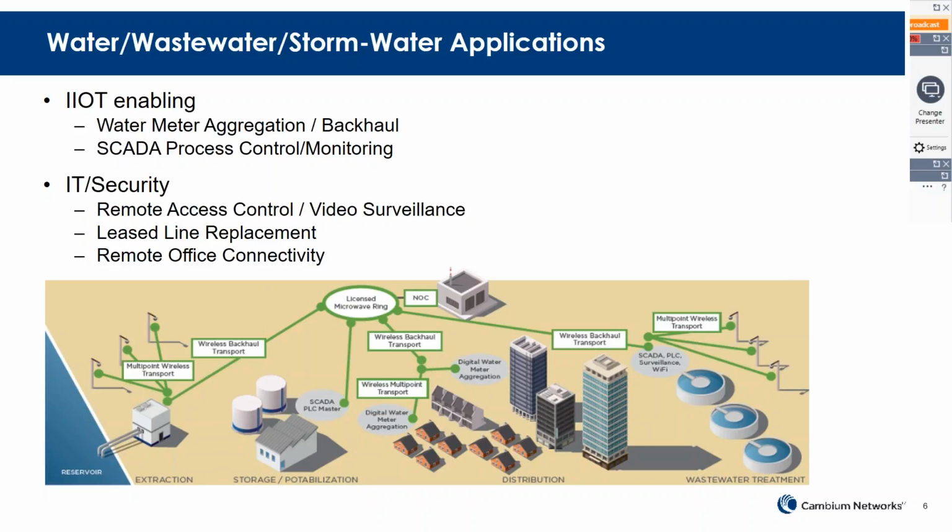So this type will aggregate your data, and then eventually you can form a ring, such as a microwave ring that operates in the licensed frequency, and then you connect to the network control center.